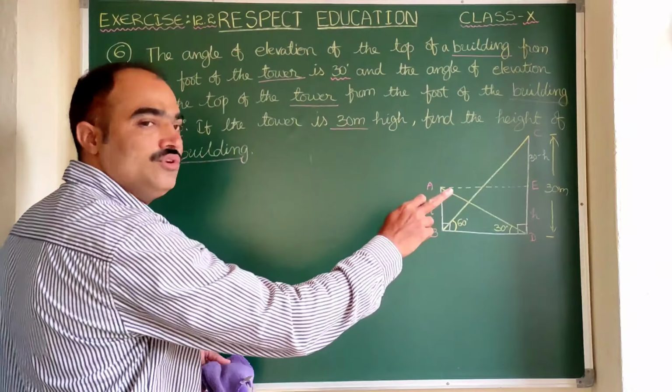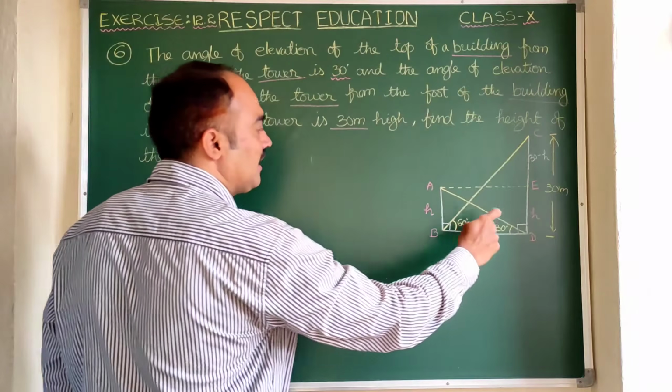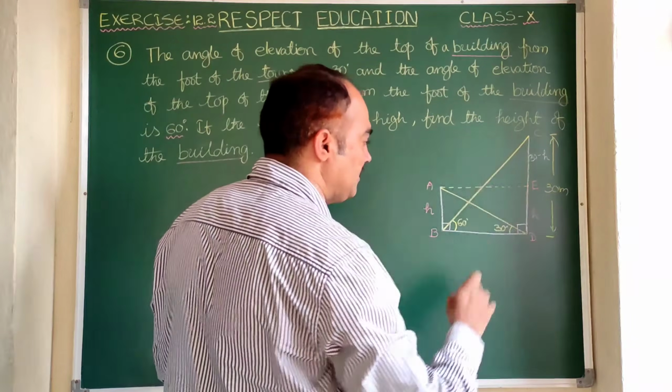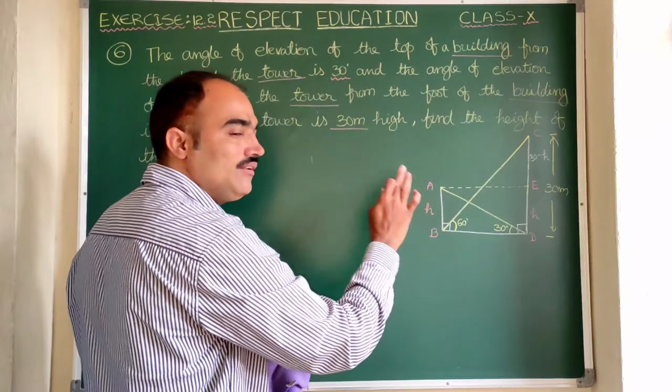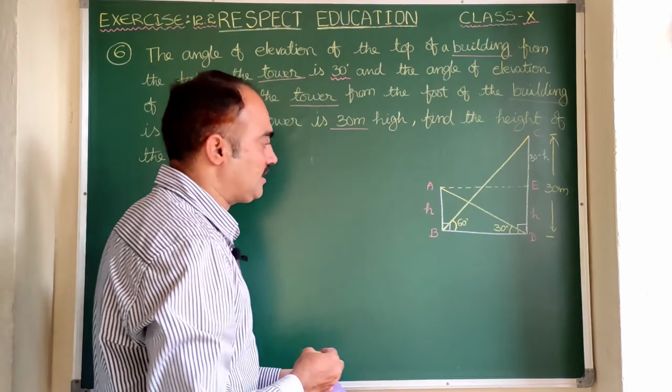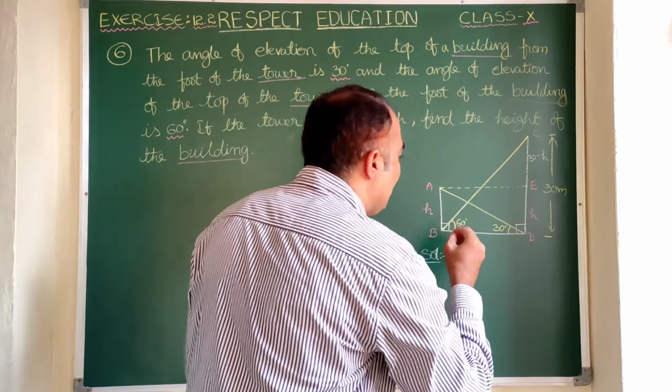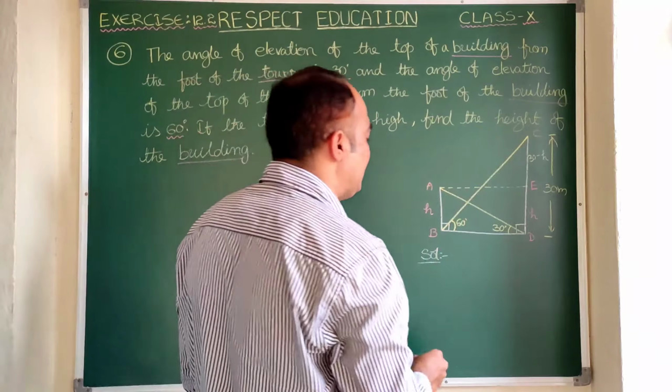Let us check whether we have used all the values or not. 30 degrees is written, 60 degrees is also written, 30 meters is mentioned, and we need to find the height of the building, which we are taking as h. Now let us start solving this problem. Let us introduce all the things here.